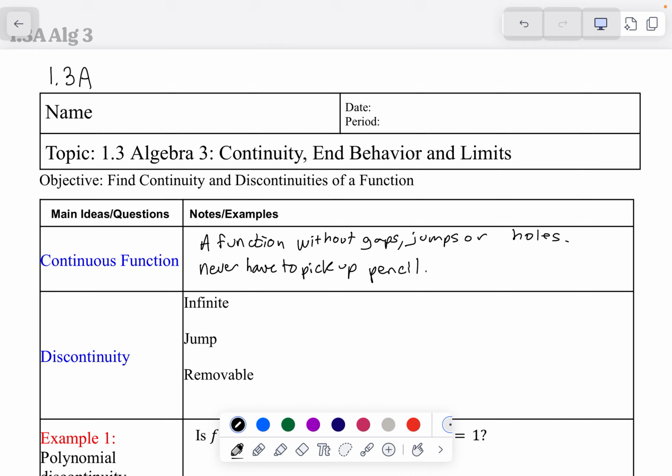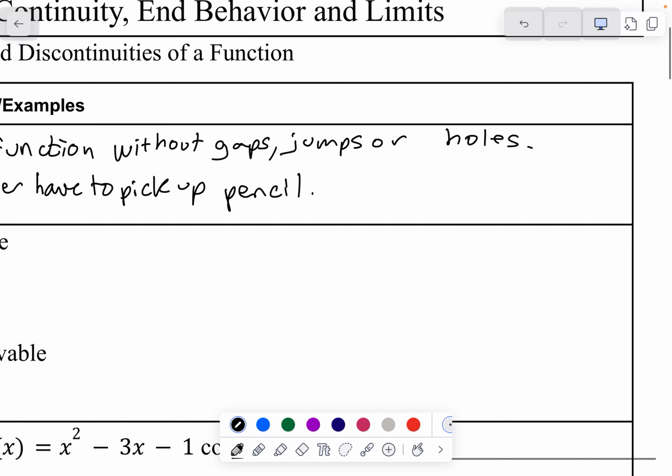So you never have to pick up your pencil. It's a function without gaps, jumps, or holes. So let's look at an example of a continuous function. Let's draw a few different ones. One example would be a cubic function.